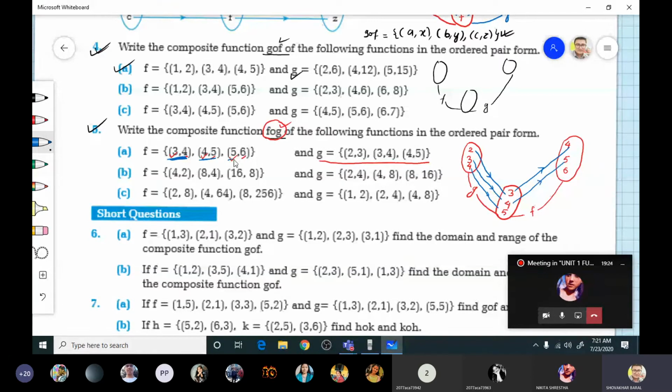And then the next ordered pair, 5, 6, so we need to join 5 with 6. So these are the ordered pairs put in arrow diagram form. Now our aim is to find f composite g.